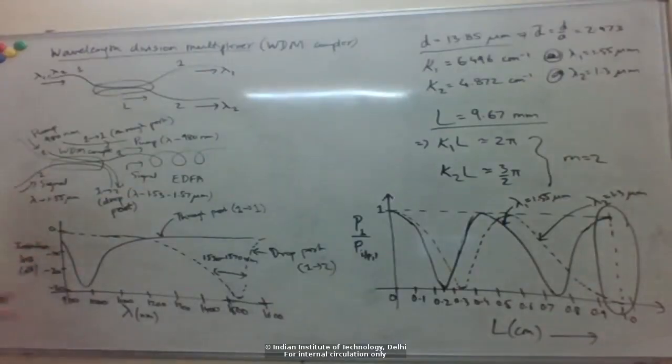So if you look at a spec sheet for a typical 980-1550 WDM coupler, right, that are used for EDFs, you would see a profile like this.